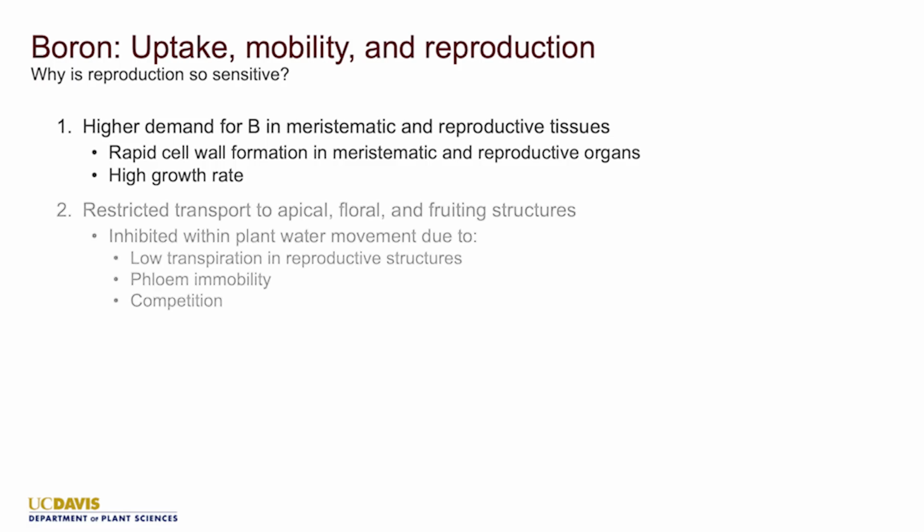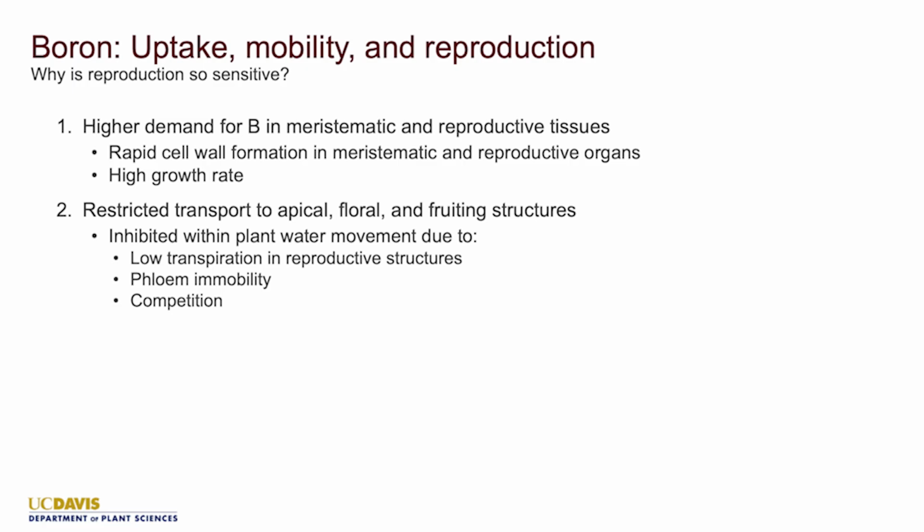The second is the mobility and the transport. In many species, the movement of boron to apical, floral, and fruiting structures is dependent upon current uptake and water. Water movement drives this.